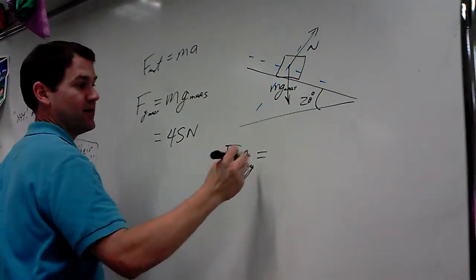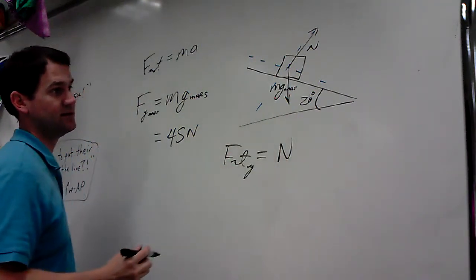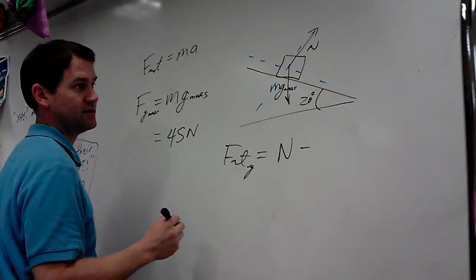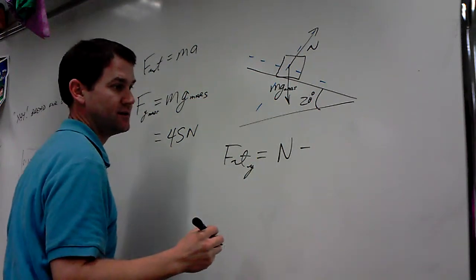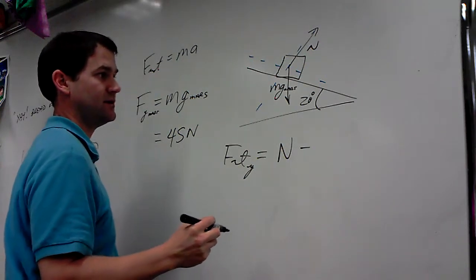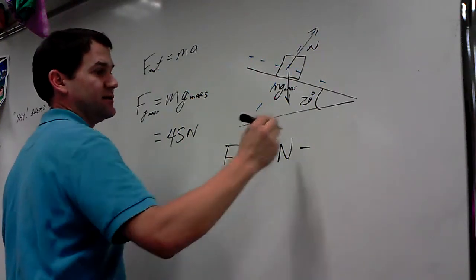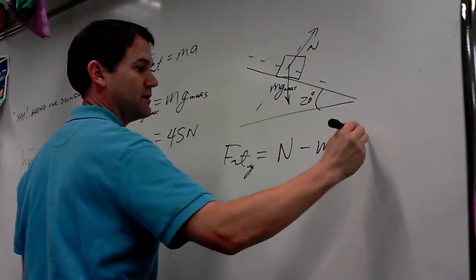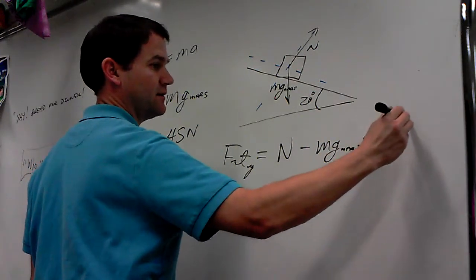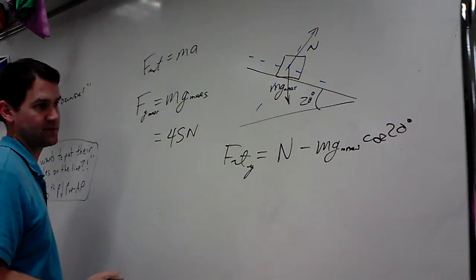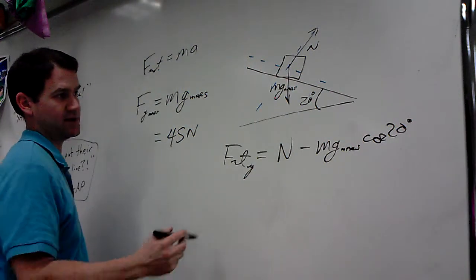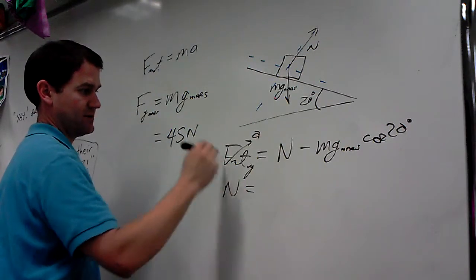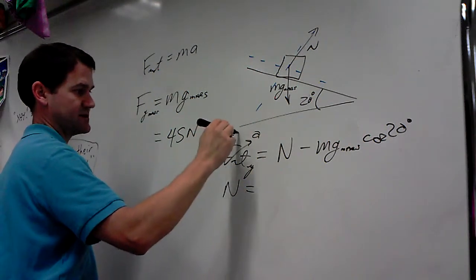So F net y equals n minus mg Mars cos 20. And it's not going to come off the ramp, so that's going to be 0, because the acceleration in the y direction is 0.